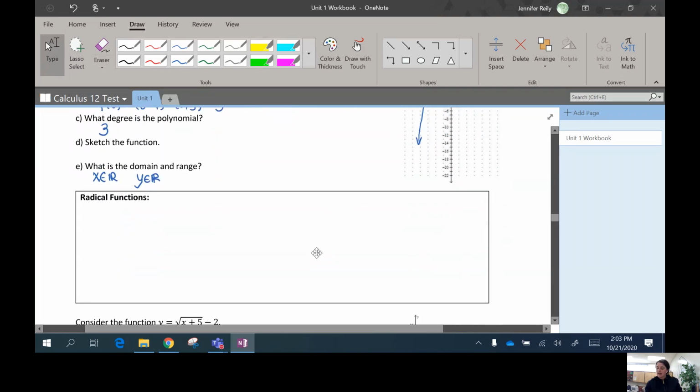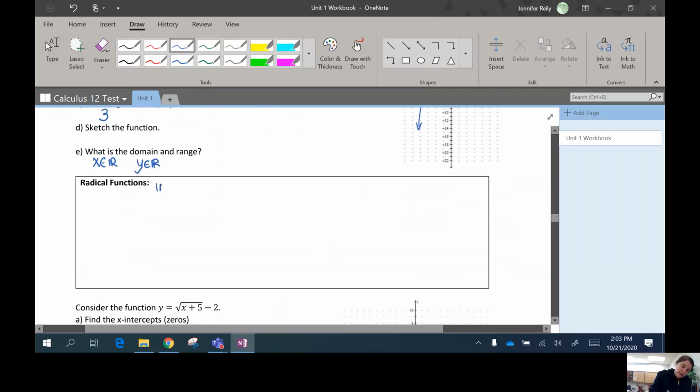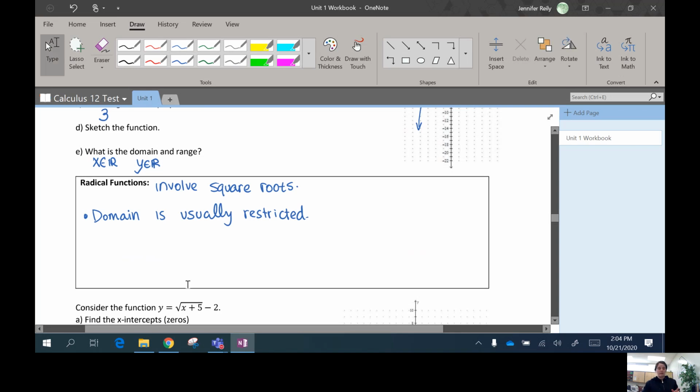The next type of function we'll see a lot is radical functions. So these functions involve square roots. A couple of points here. The domain is usually restricted, because in a square root, you can't take the square root of a negative number. So the domain will be restricted because of that.